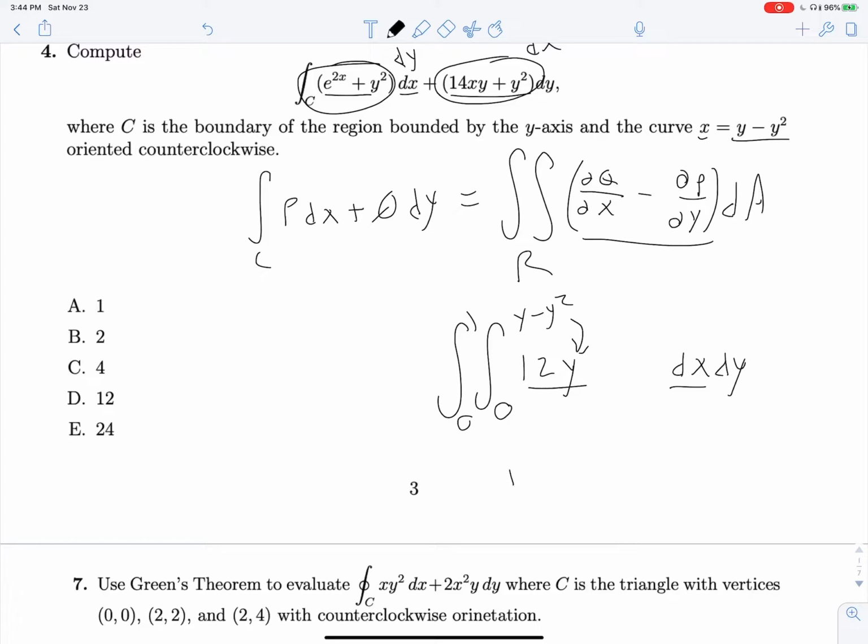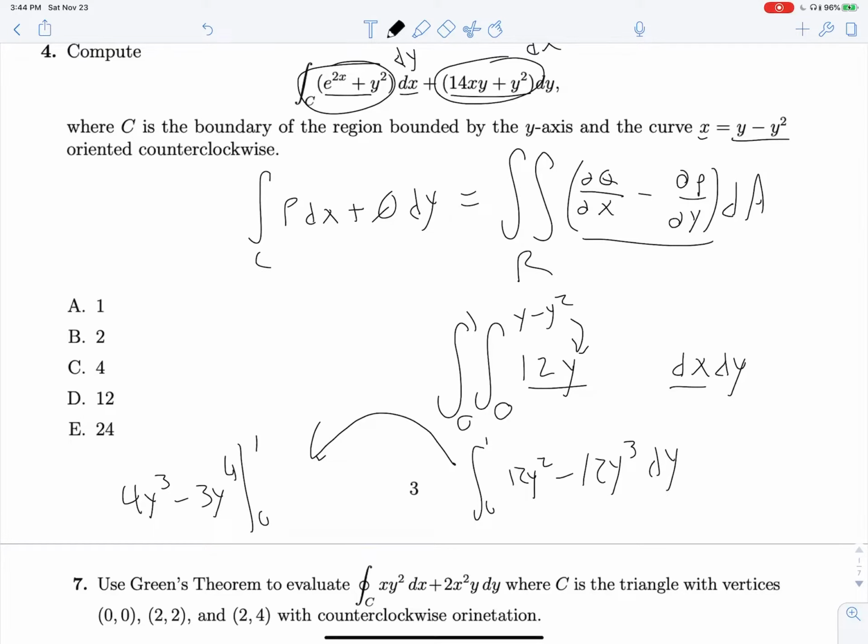So this is going to be 12y squared minus 12y cubed, integral from 0 to 1 dy, and this is going to be the same thing as 4y cubed minus 3y to the 4th on 0 to 1, which evaluates to 1.